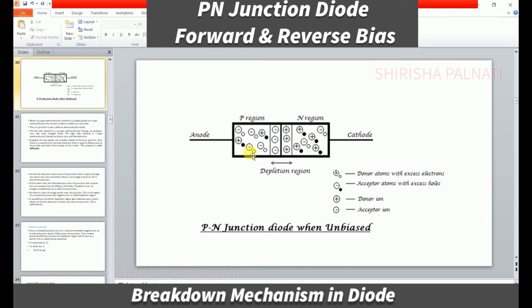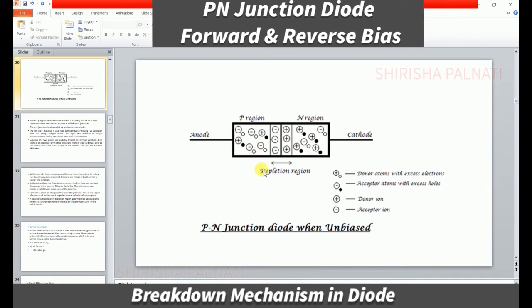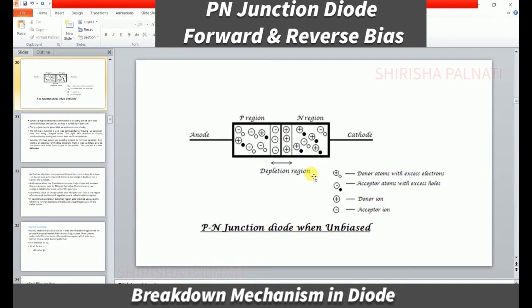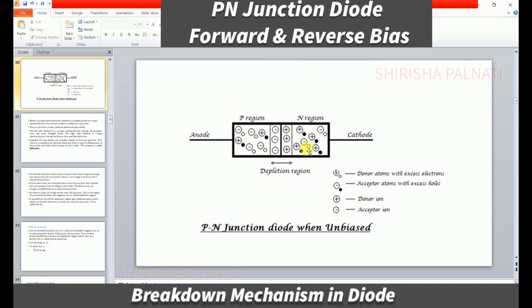Both have majority and minority charge carriers, positive and negative, so they attract: the electrons of the n region move to the p region, and the holes move to the n region.